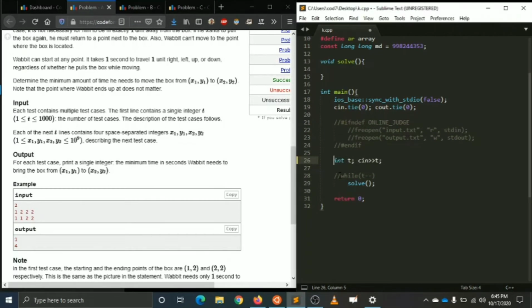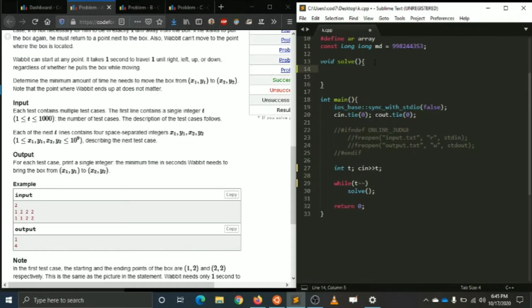T test cases. So I explained the logic, and I will implement it simply as it is. Better to see the code rather than listening to anything.